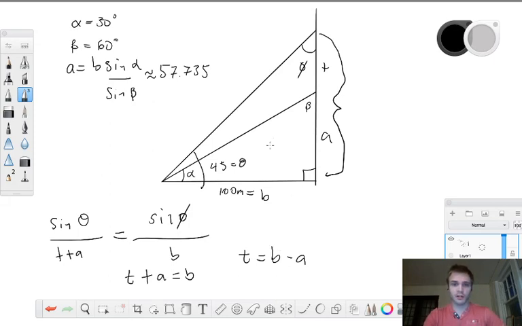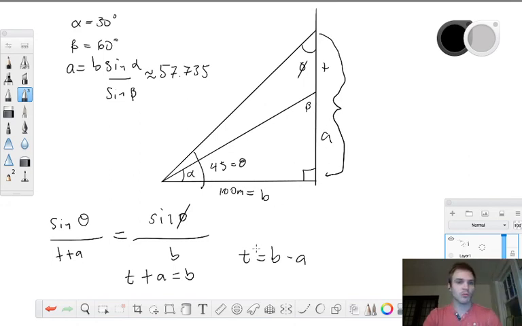And really, we can just eyeball this and know what this full length is. If this is 45, this is 45, and the legs have to be the same. So 100 meters here and 100 meters here. So if b is 100 meters, then t plus a has to be 100 meters, and we can just solve for t right from that. It says you have to use the law of sines, and I guess you have to use it to find a here.